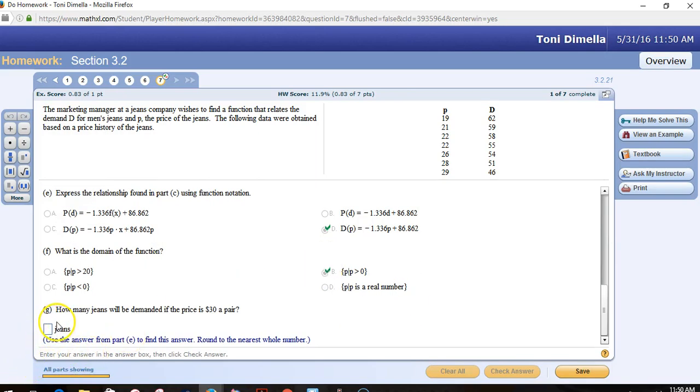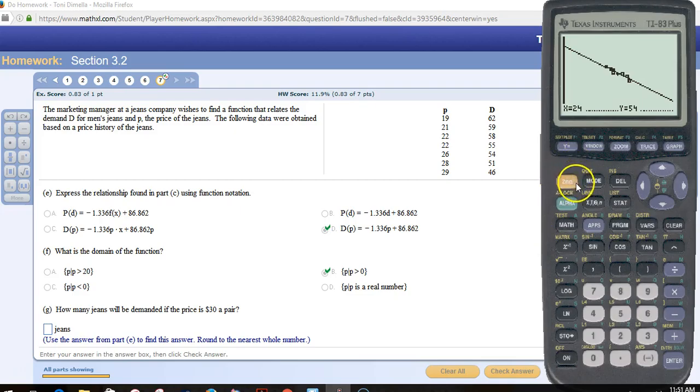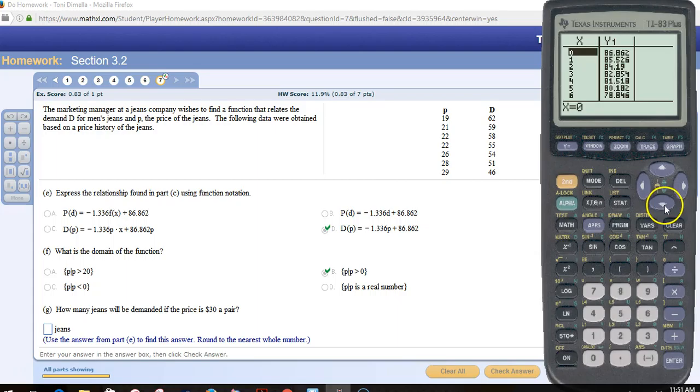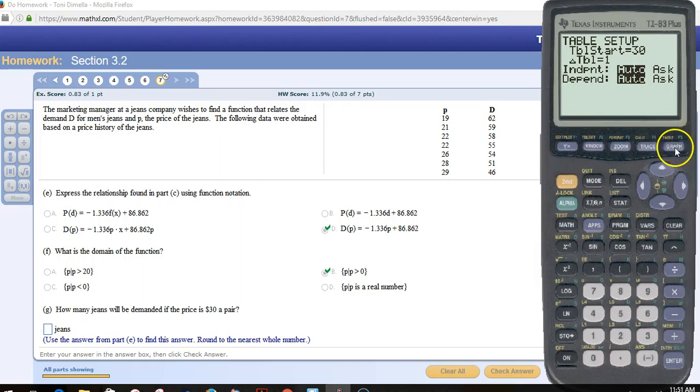Oh, how many jeans do I need if the price were $30 a pair? Well, I could go to my table, and I could either very slowly scroll down to 30, or I can go to second table set and say, jump to the 30, please. So that when I hit second graph, I'll be at the 30.